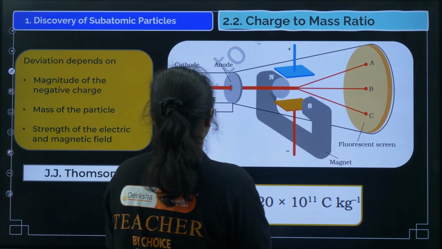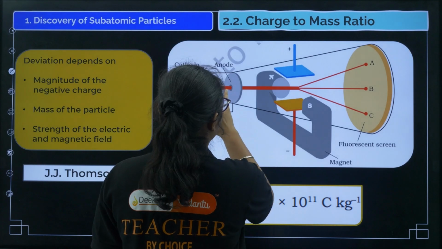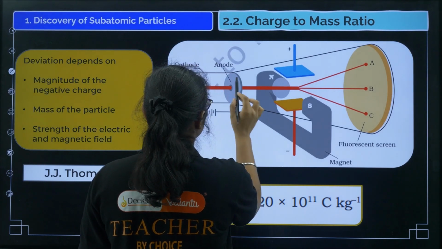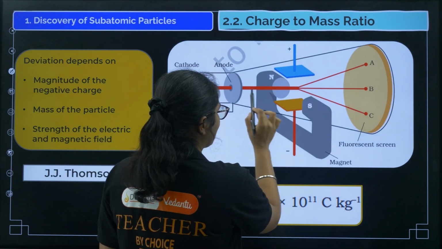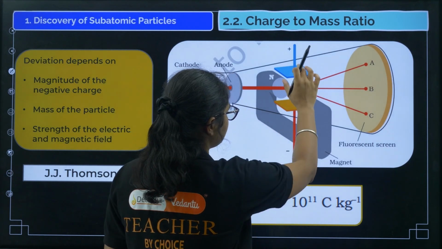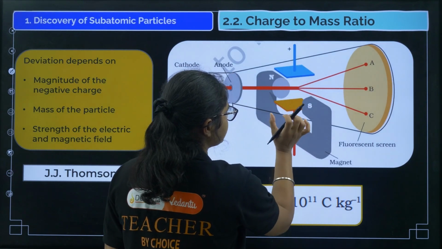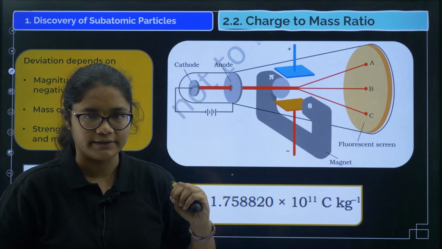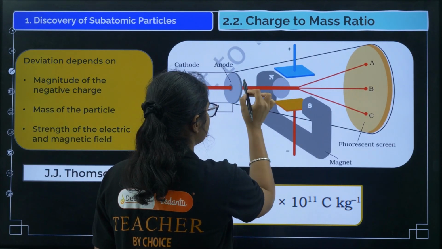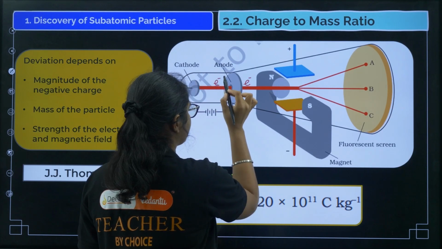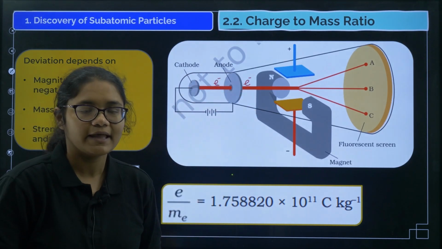You can see here that this is your cathode ray. This is the cathode, this is the anode, and here this cathode ray is present. The blue one is the cathode ray, and this yellow one is providing the electric field. We already concluded that this cathode ray is made up of negatively charged particles called electrons.